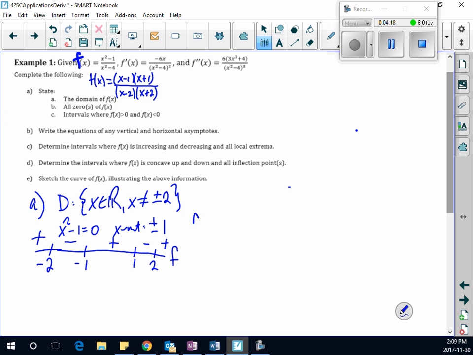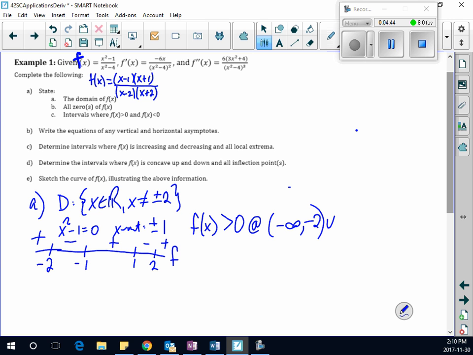So f of x is greater than 0 at -infinity to -2. Do I include -2? No, that's an asymptote. And mind you, we're not going to include it anyway because it's not going to equal 0.